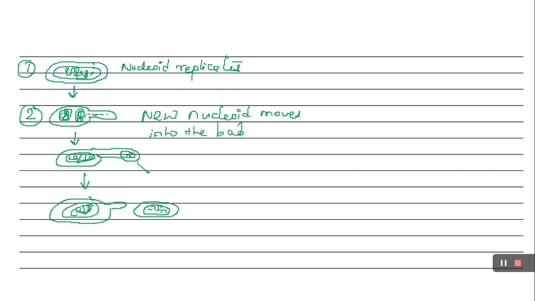So this is a young bud. And the last is the formation of the daughter cell. So this is the process of budding in bacteria.